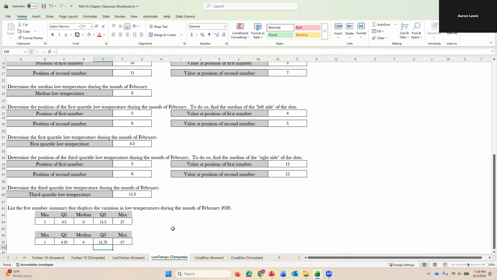And that's the issue here with us using the quartile.exc function. In MA110, this is the methodology that's taught: to find the mean average of the two numbers that you know your quartile is actually between. Excel, by default, uses a different methodology that's not taught in this class.